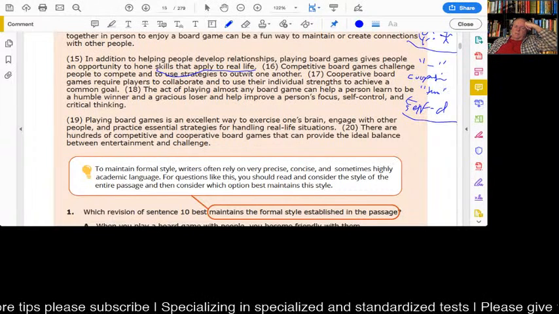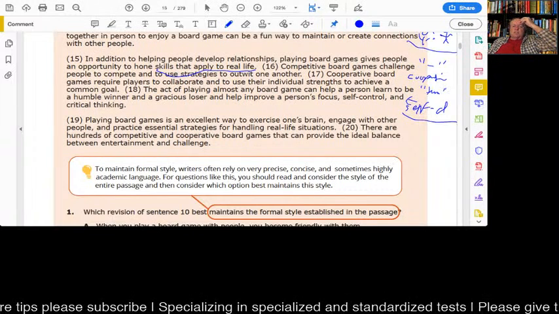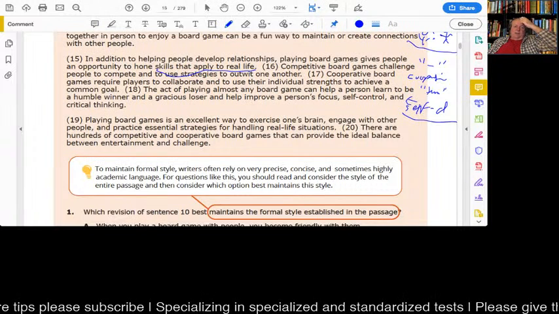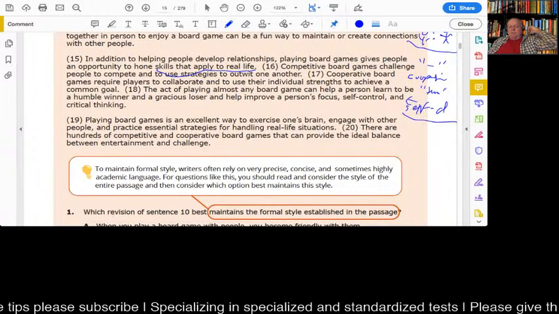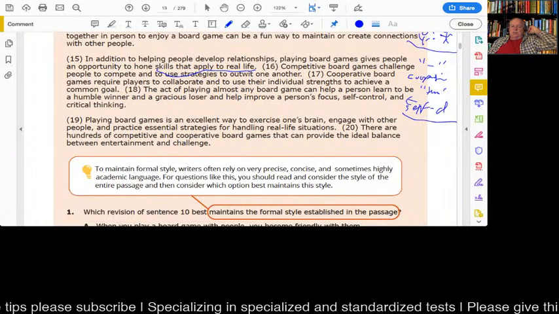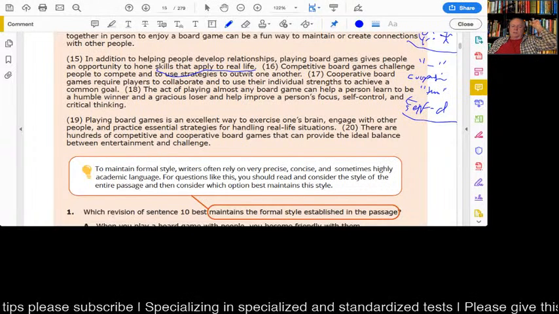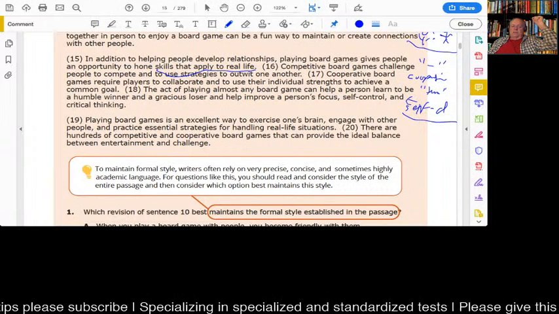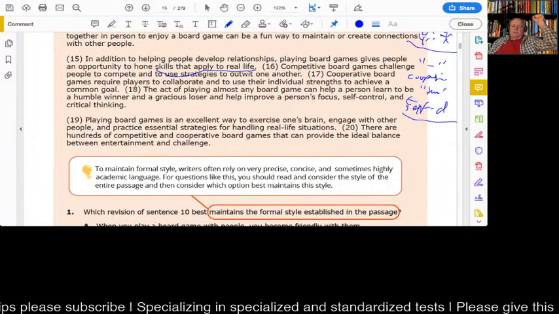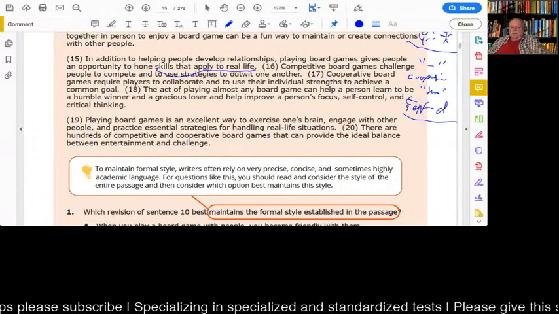Engage with other people and practice essential strategies for handling real-life situations. That's probably exaggerating the point here, but still. There are hundreds of competitive and cooperative board games that can provide the ideal balance between entertainment and challenge, okay?